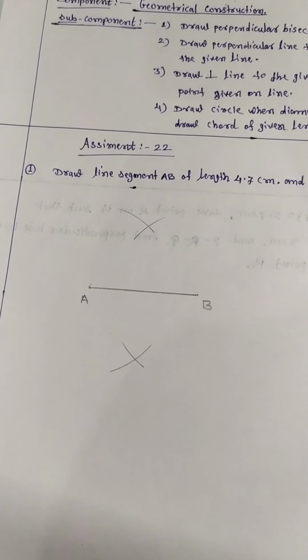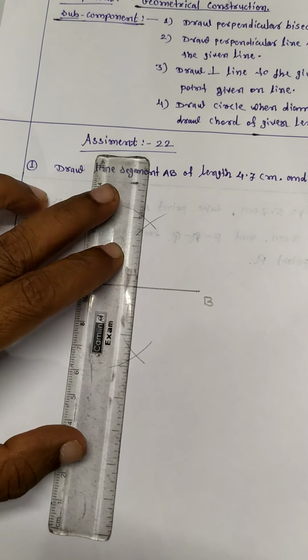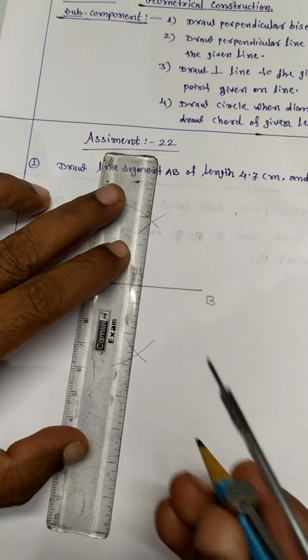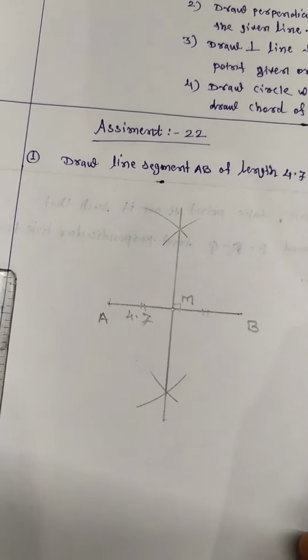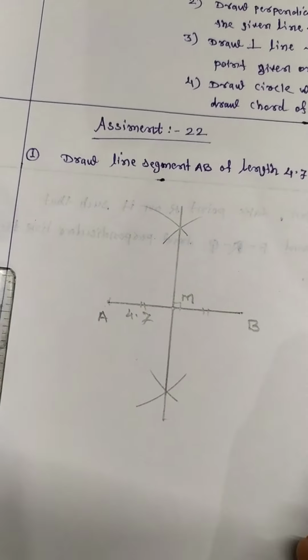Now join these two arc intersections in this way. This point of intersection, take it as M. This AB is 4.7 cm and M is the half, AM is equal to MB. So this is line segment AB and this line is perpendicular, that is it bisects it.